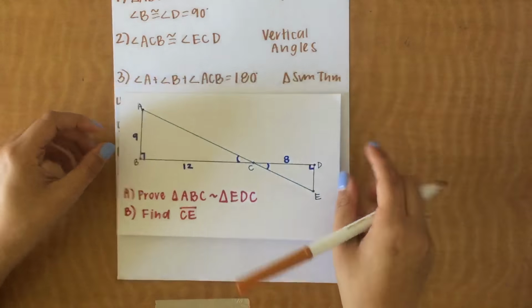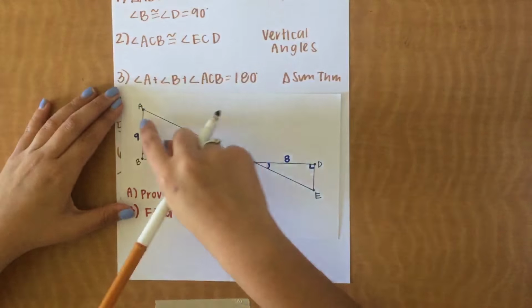So now we know that all these angles are congruent. So by angle similarity, we know that ABC is similar to CDE.